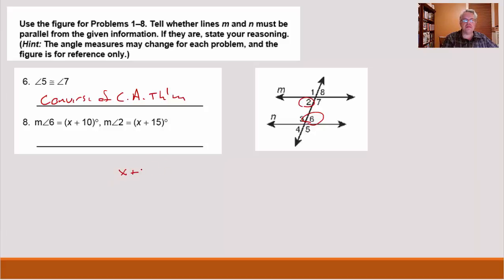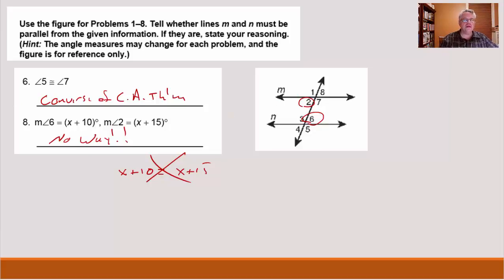So if x plus 10 equals x plus 15, that's never going to happen. They can't be congruent because when you add 10 to a number, it's not going to be equal to what you get when you add 15. So this is no way. Because 2 and 6 would not be congruent, and since they're not congruent, the lines would not be parallel.